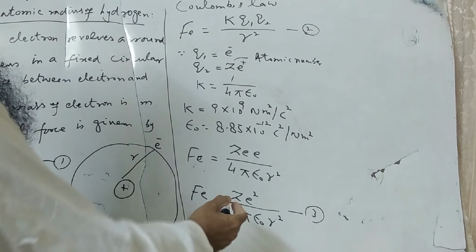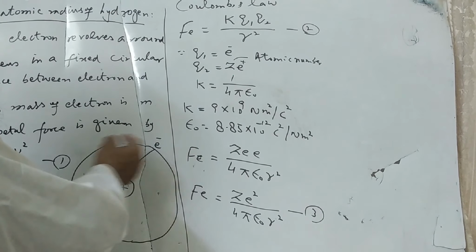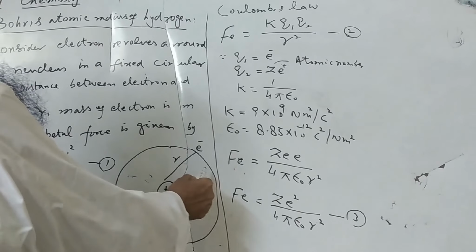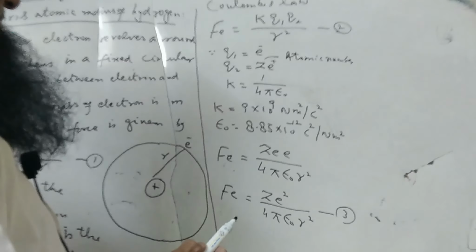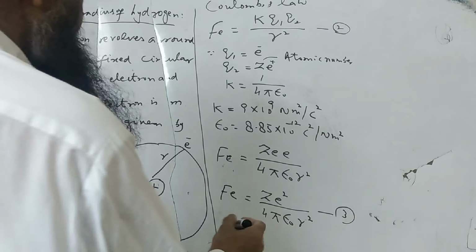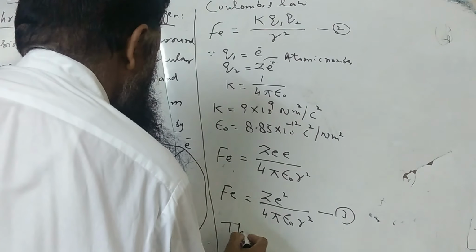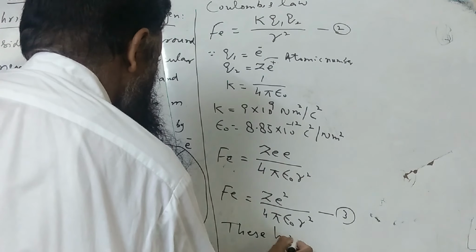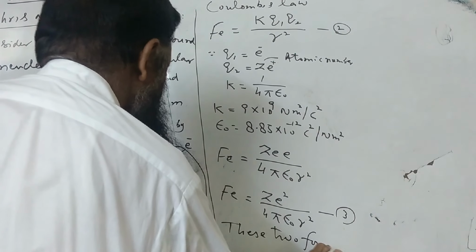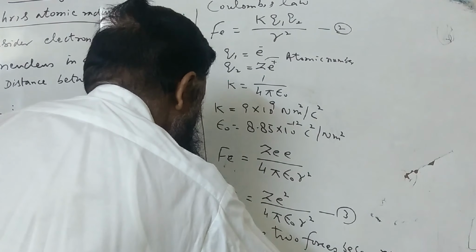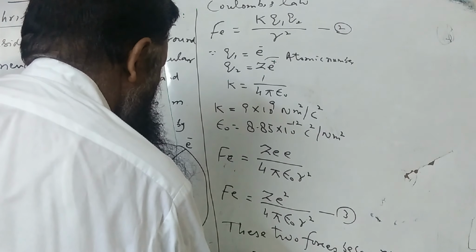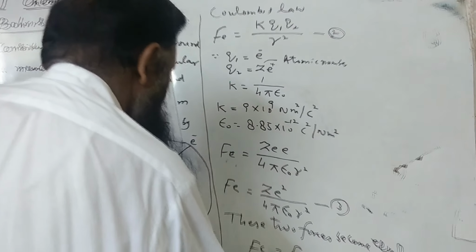When the electron revolves in the orbit, these two forces, the centripetal force and the Coulomb force, become equal. So we can say that Fc is equal to Fe.